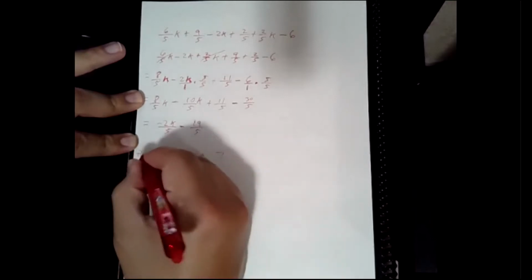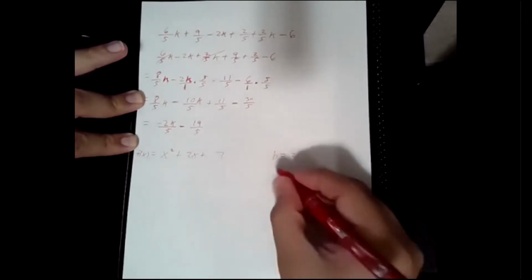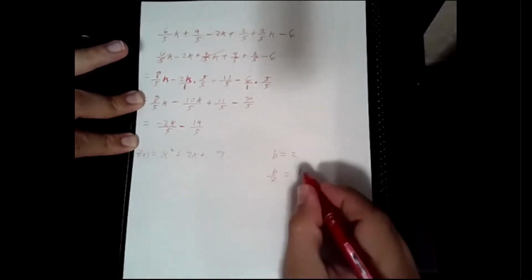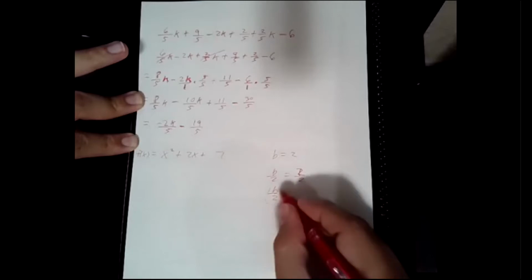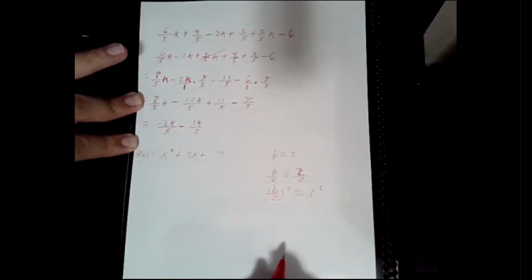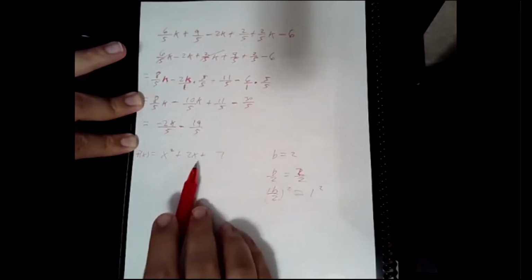We'll call this some function. So what you do is you write down what b is, and then you take half of b. It's going to be 1, right? Or 2 over 2, and then you square that. So it's always going to be this way. So that's the magic number I need to add to complete this square.